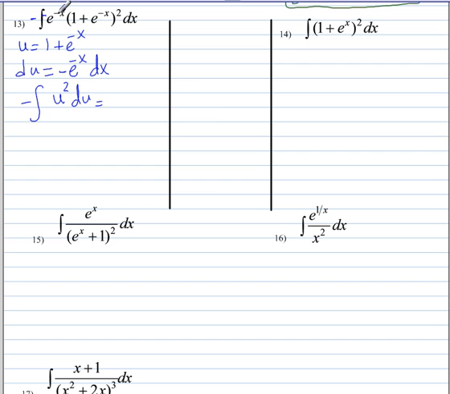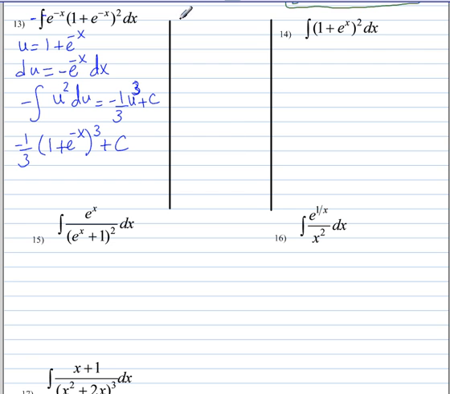This should have been e to the negative x. So we're going to take the antiderivative using power rule. So we get negative 1/3 u cubed plus c. So replace u with its equivalent, 1 plus e to the negative x cubed plus c.